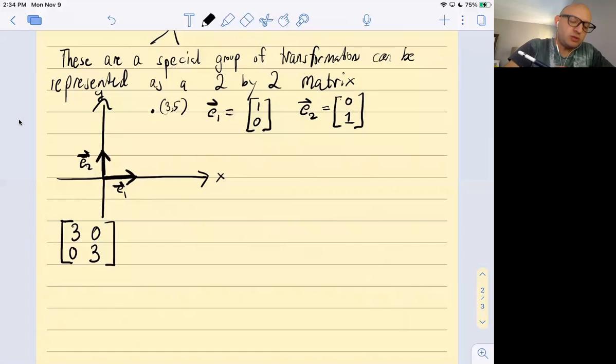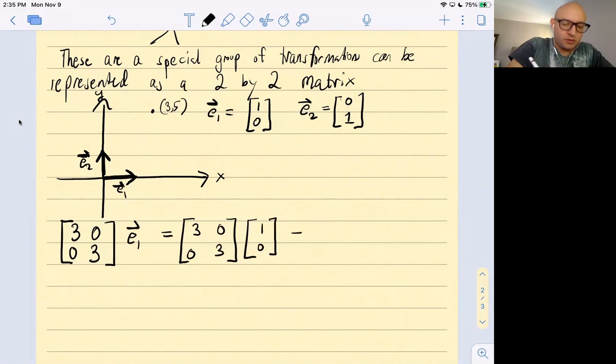What does this matrix do to E1? Can anyone tell me? You can write it as the matrix 3, 0, 0, 3 times the vector 1, 0. So what is the result when you multiply this matrix times the vector 1, 0?